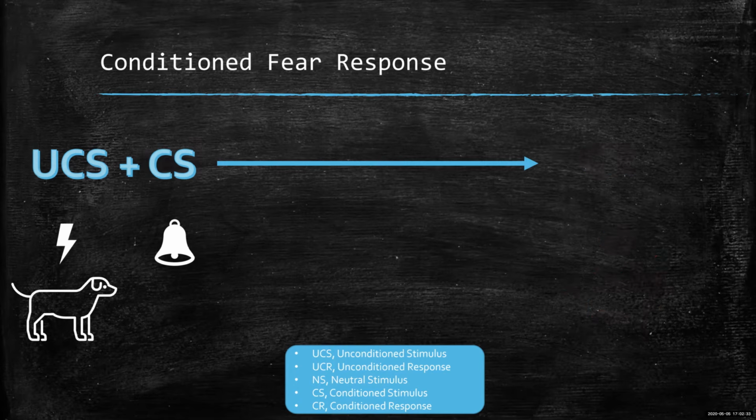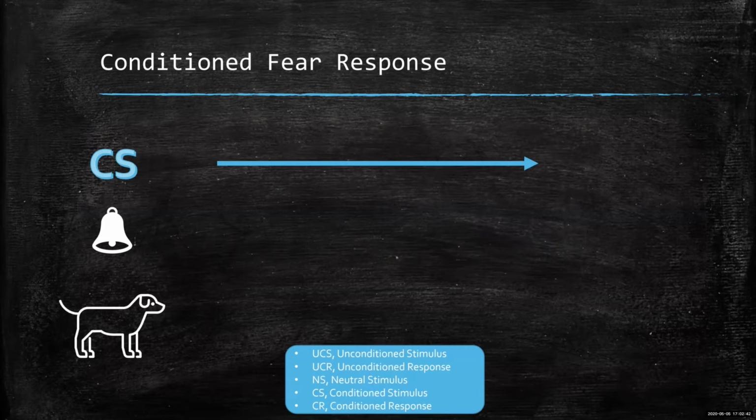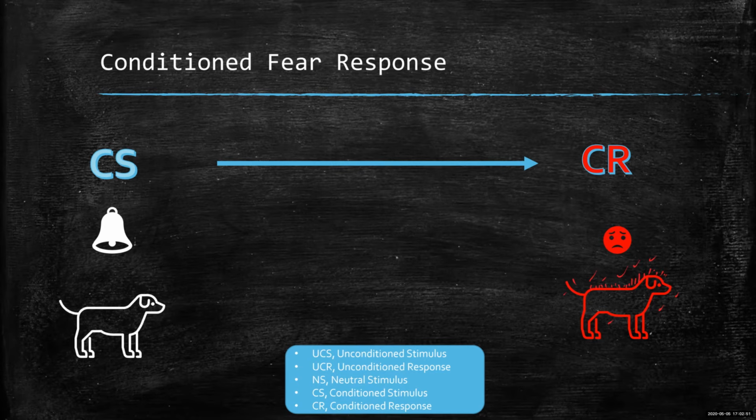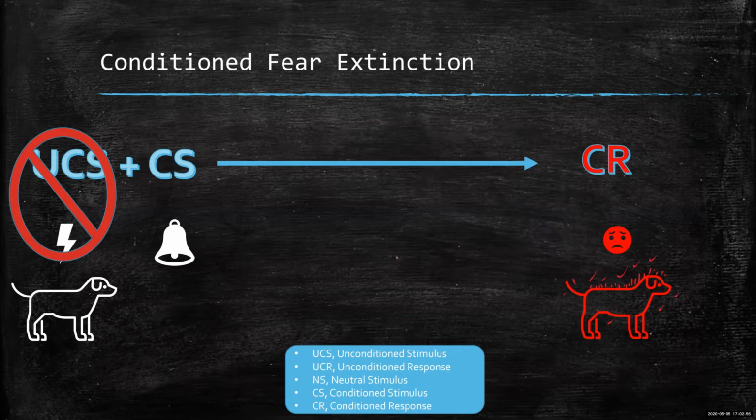When we do this a number of times, the dog then learns that the bell is associated with the shock, and it will respond even in the absence of the shock. But interestingly, if you continue to use the bell, but don't use the shock, and you do this a number of times, the dog slowly over time learns that the bell is no longer a threat.